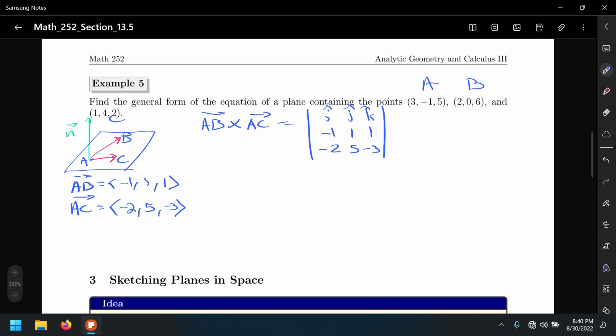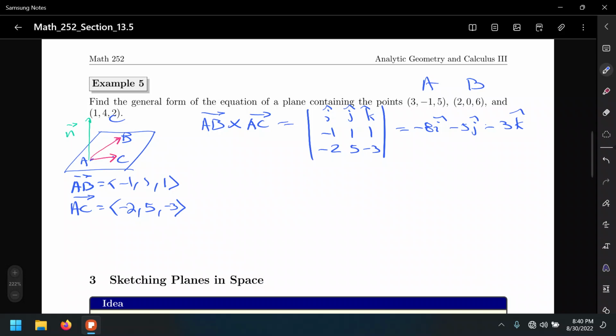And the cross product of these two vectors, again, I'm just going to give you the result. That should be negative 8i minus 5j plus, oh no, minus 3k. All right?